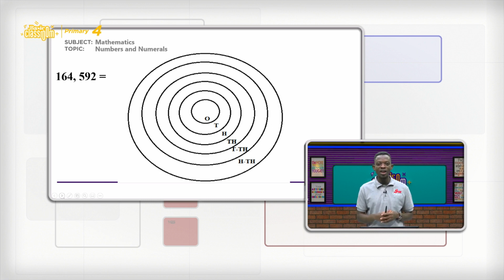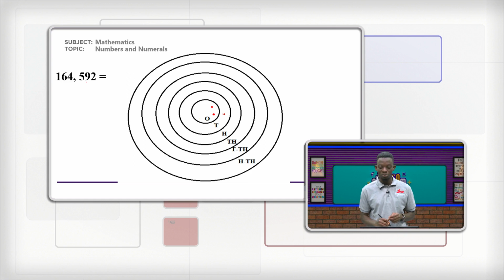So for here, when we come to the ones, we are going to have 2 of the marbles in. Good. What about the tens? How many marbles are we going to have in the tens? Because we have the number 9, we are going to have 9 there.